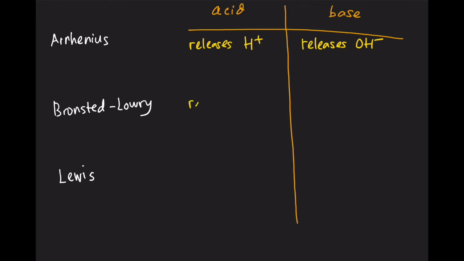The acid still releases H+, but the bases do not necessarily have to release OH-, they have to accept the released H+. Even though they do not release any OH-, they are still bases as long as they accept H+.